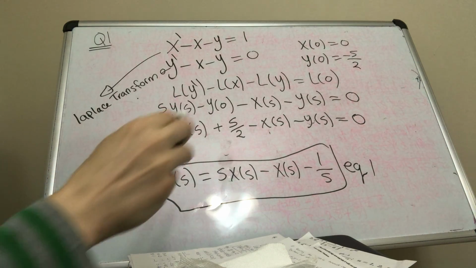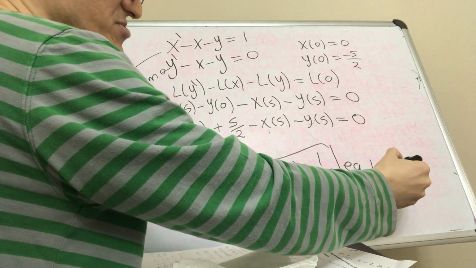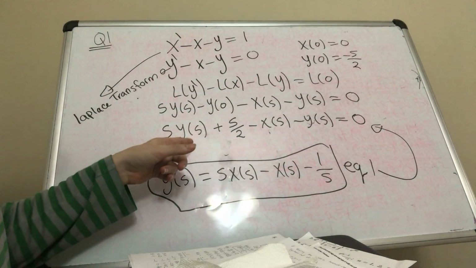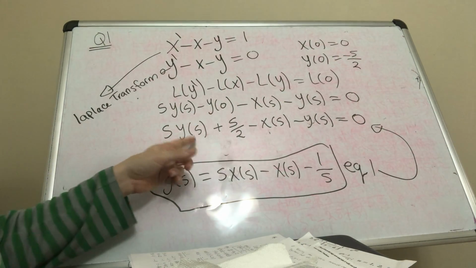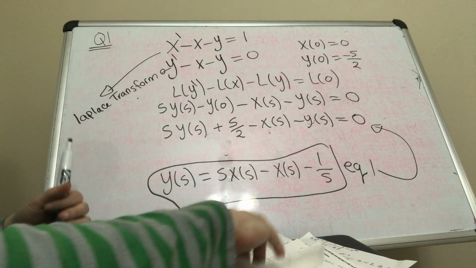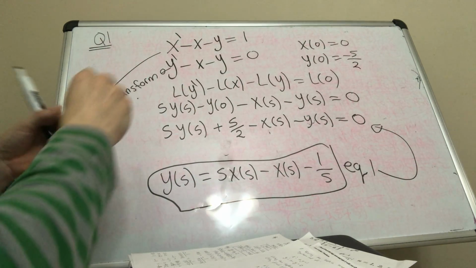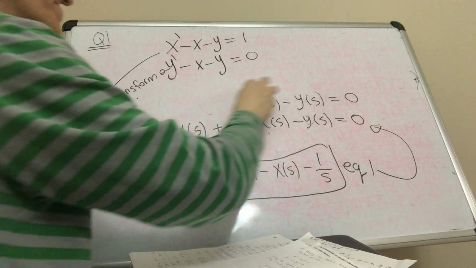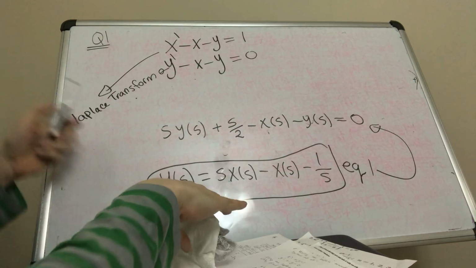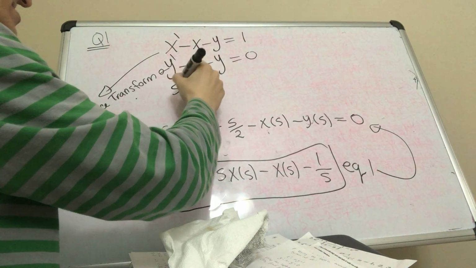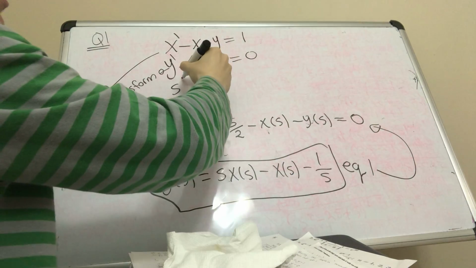So what I'm going to do now, I'm going to put equation 1 into this. So anywhere we see Y(s), we're going to replace it by this. So I'm going to just erase to allow myself some space. So here we see Y(s). I'll replace it by this.